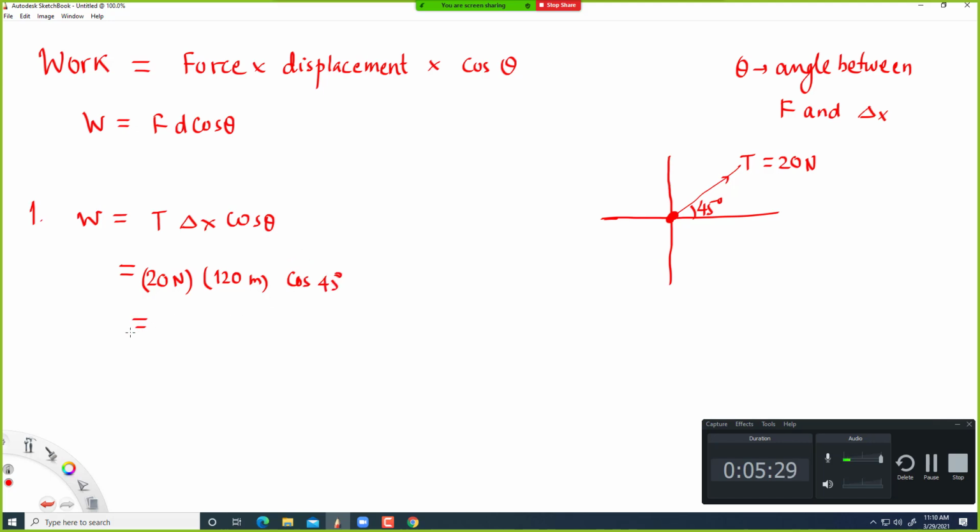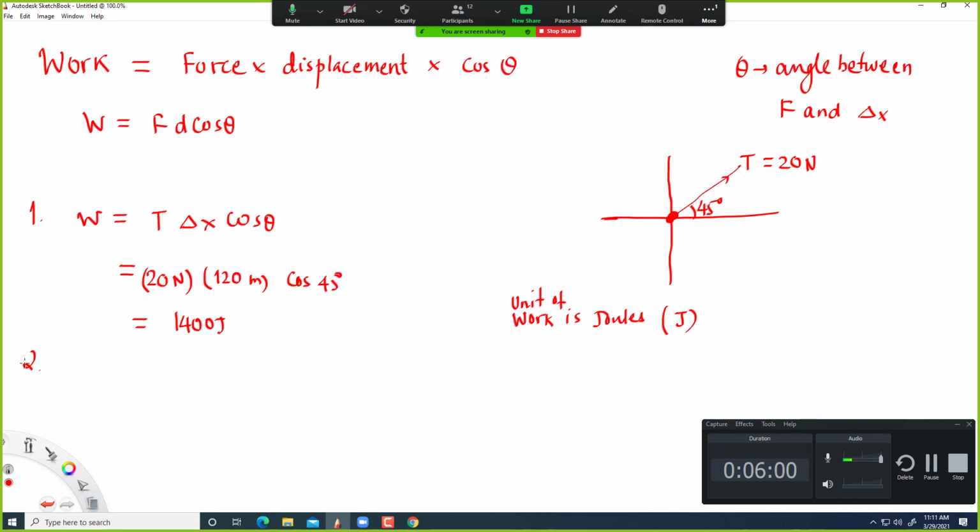If you do the calculation, that gives you 1400 joules. The unit of work is joules, also written as J. So that's number one.